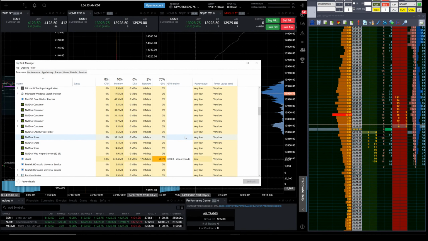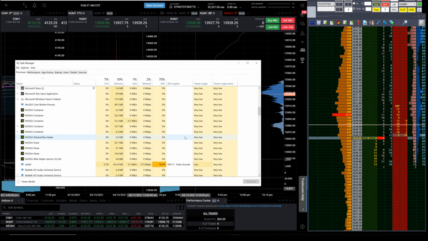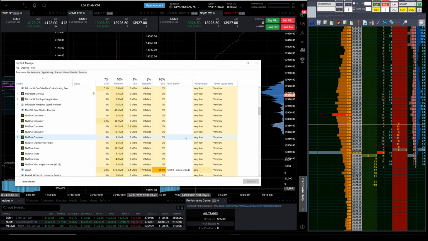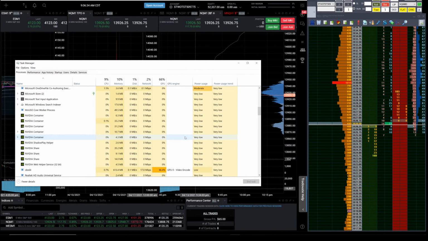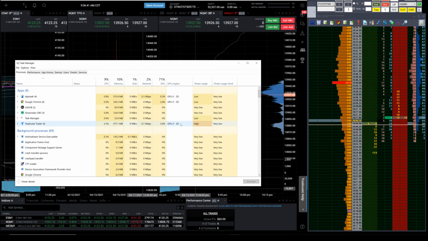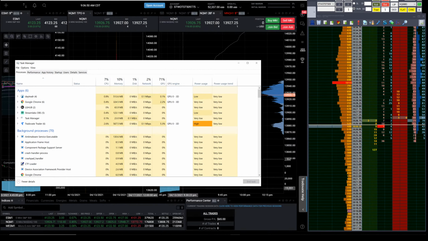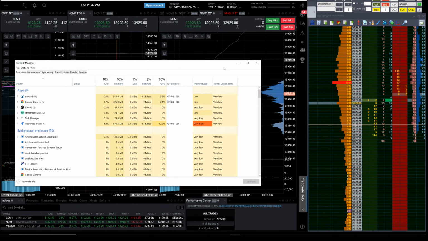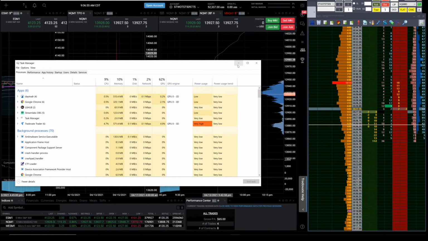OBS 64. Oh, it's the video encoder for the stream. That's taking the largest hit utilization-wise, but it's low power consumption. So that's interesting that we're a little over 50% on the GPU.